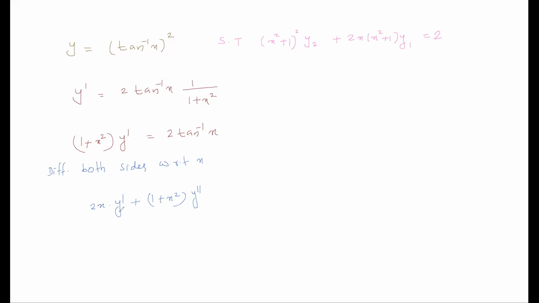The right side: 2 is constant, and the derivative of tan inverse x is 1 by 1 plus x square.